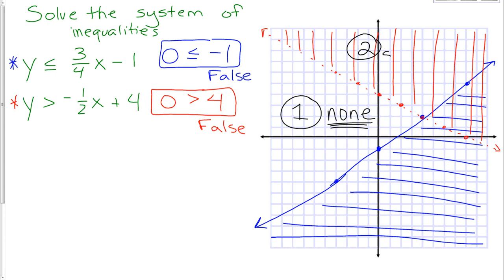So that means it contains solutions to the second inequality only. This third area down here is only shaded in blue. So that means it contains solutions only to the first inequality.